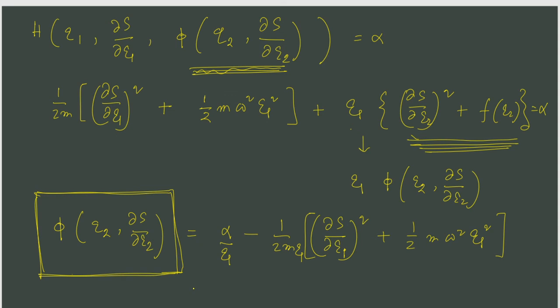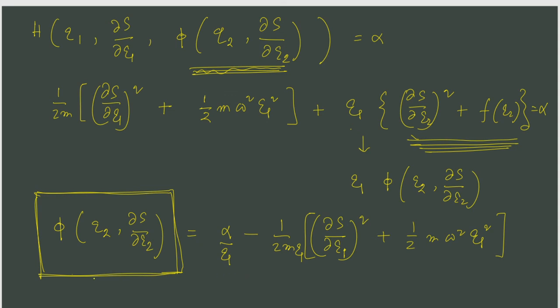If we can do that with all the coordinates appearing in the Hamiltonian, that is q1 as well as q2, then each of them will be equal to a constant. They are not equal to the energy along that direction, but they would be equal to one of the constants of motion. It could be angular momentum, which you will be able to verify if you are working with the central force problem in polar coordinates.